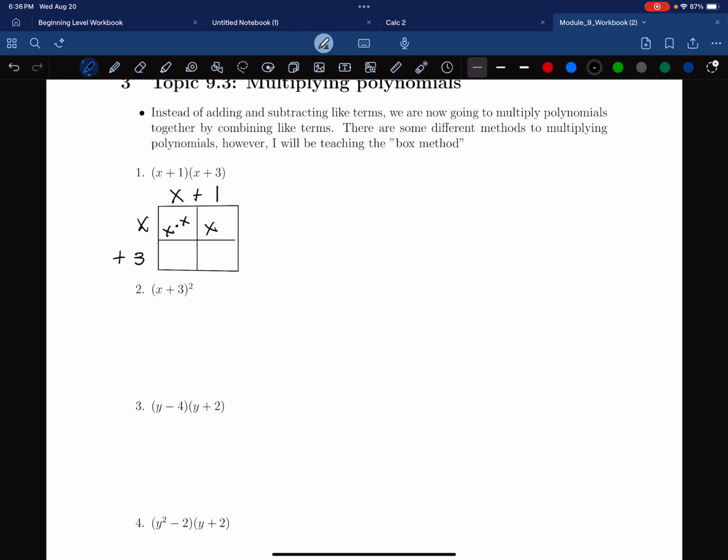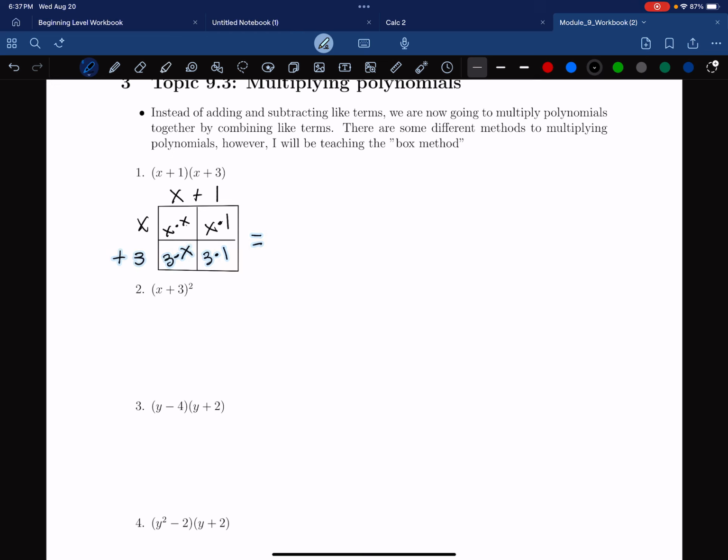And then here, for this box, we're going to do 3 times x. And then this last box here, we're going to do 3 times 1. So I'm going to simplify this out a little bit more. Well, actually, I'm just going to write all of this out here.